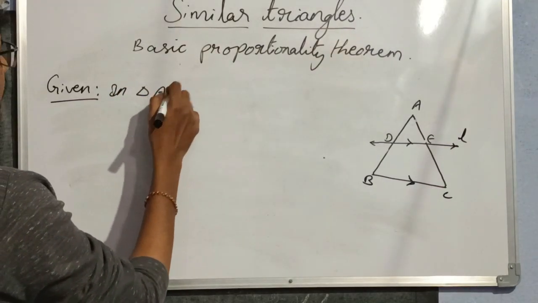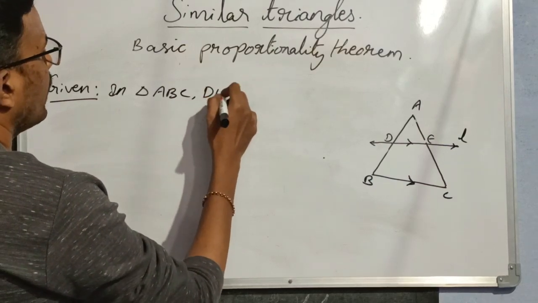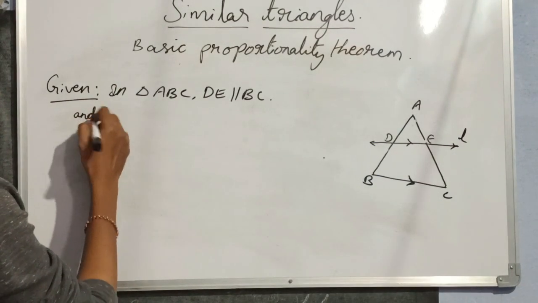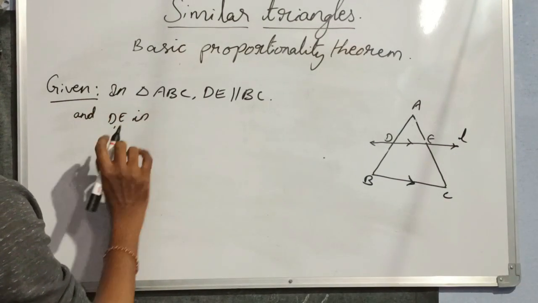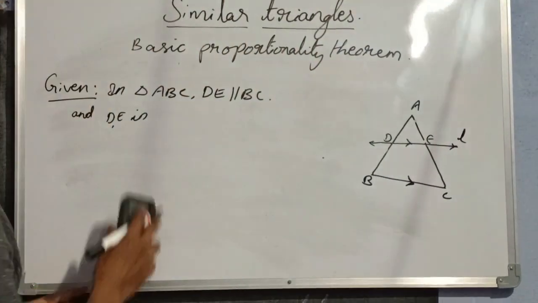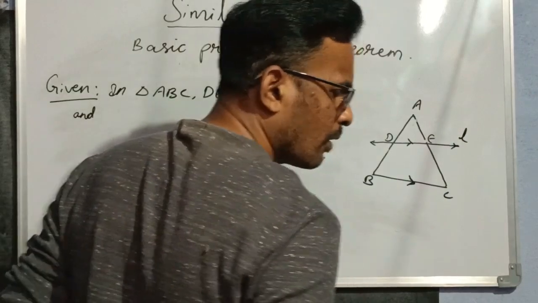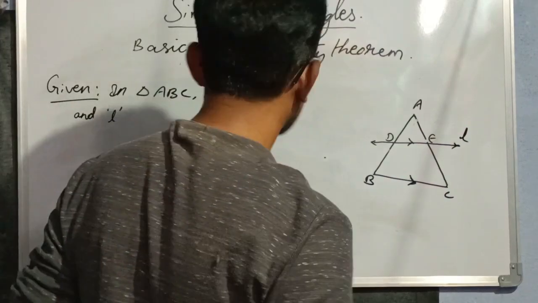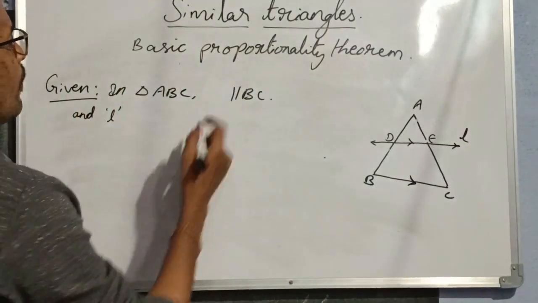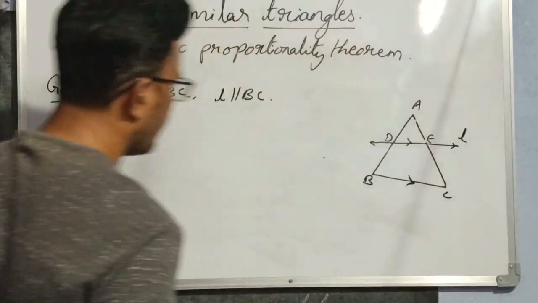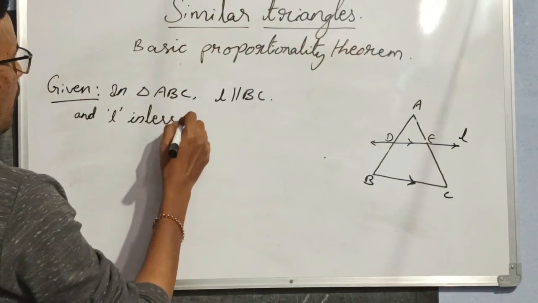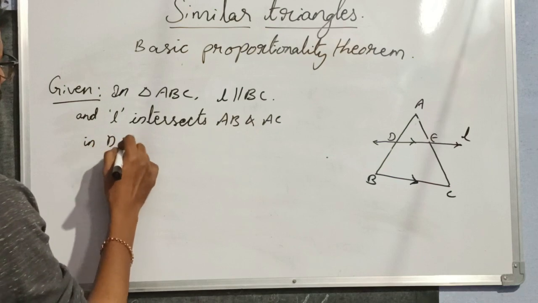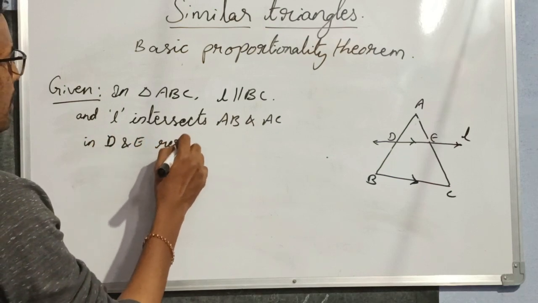In triangle ABC, L is parallel to BC and L intersects AB and AC in D and E respectively.